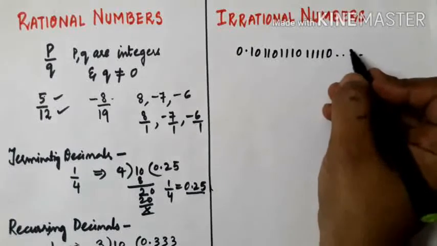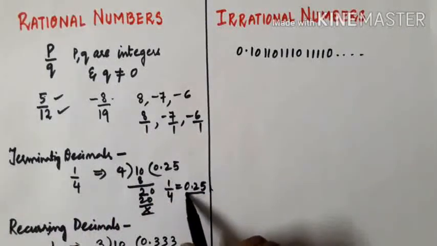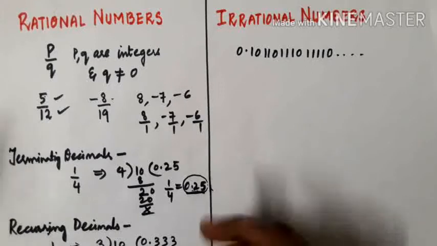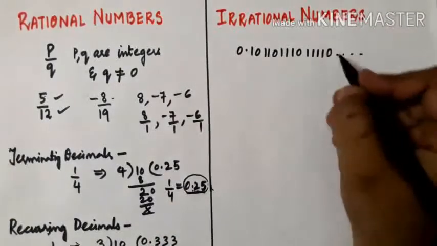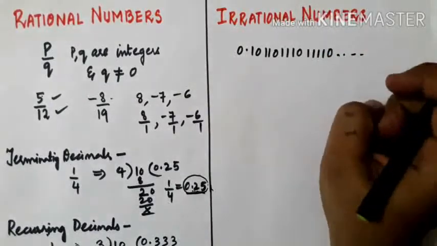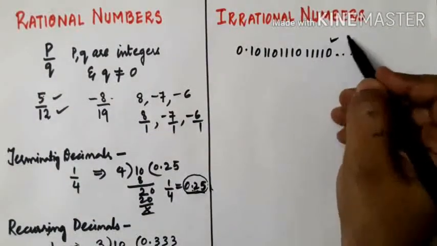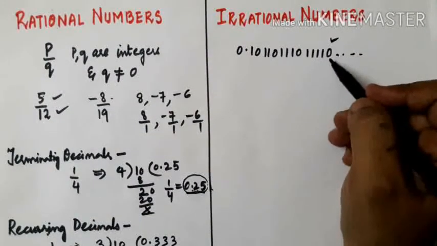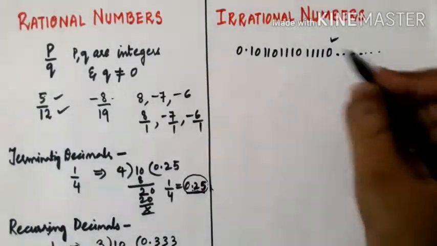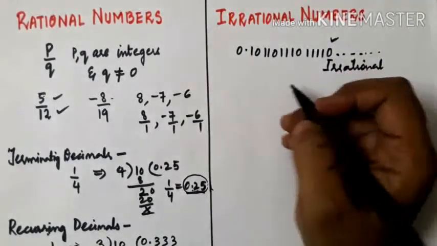Which doesn't end we call non-terminating, which ends we call terminating, because after finite steps it stopped, like 0.25, where the answer ends here. But with irrational numbers, the decimals don't end, they are non-terminating. That is one condition, and since it just goes on like that, we call it an irrational number.